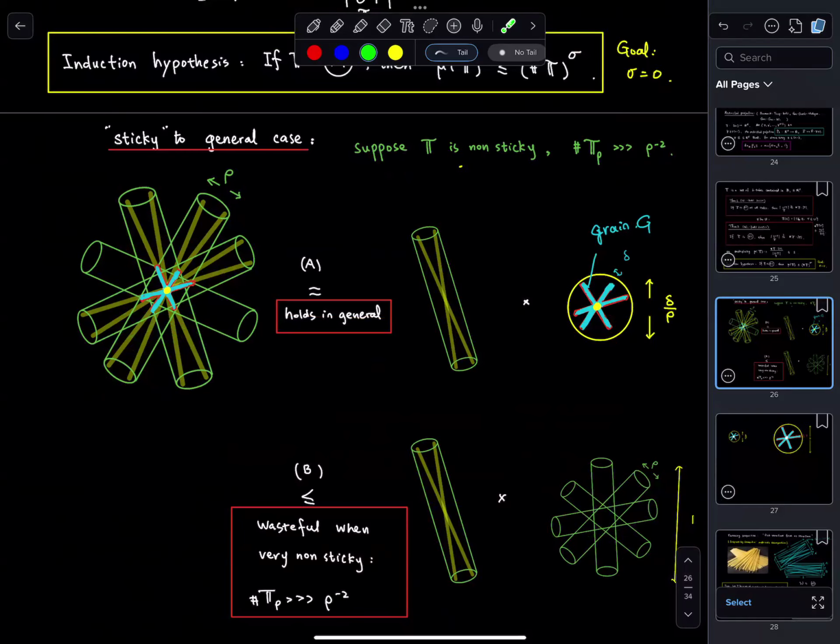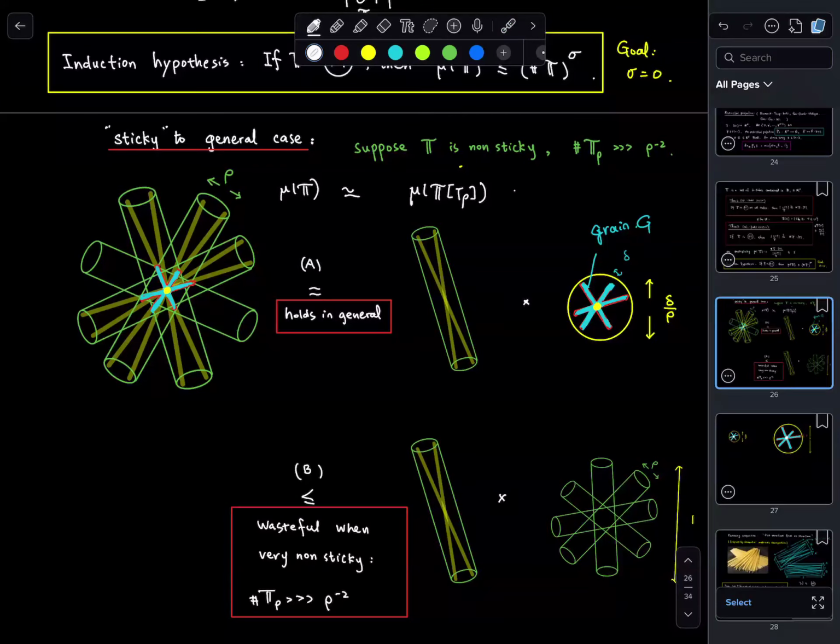So here we have the first decomposition of the multiplicity. Mu T is approximately the number of thin tubes inside a thick tube passing through a typical point, and then times the number of grains passing through a typical point.